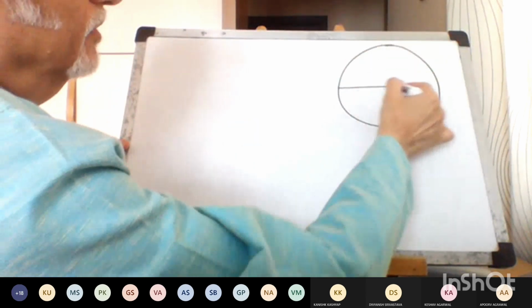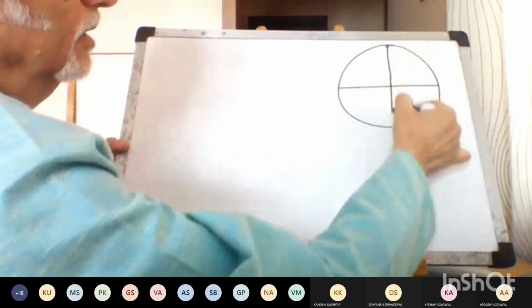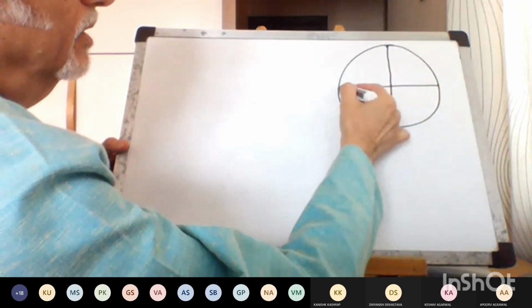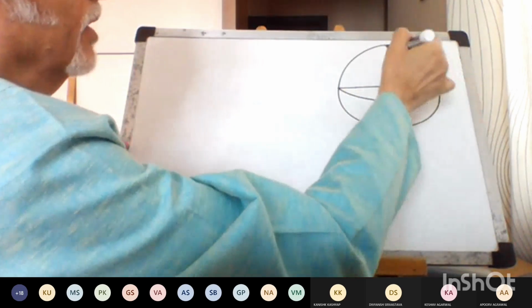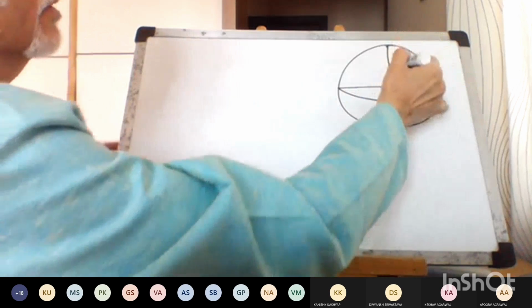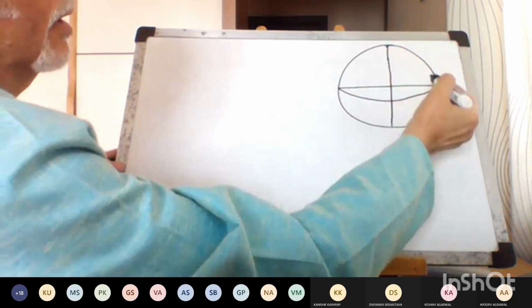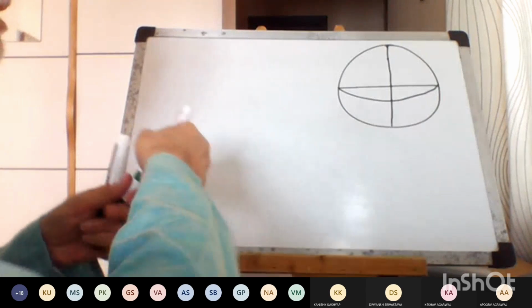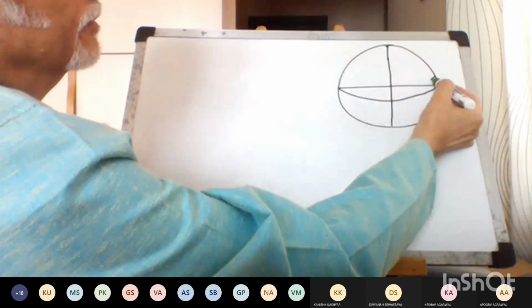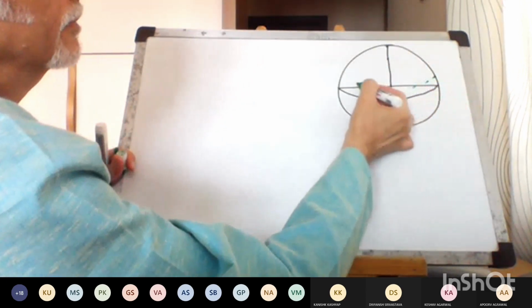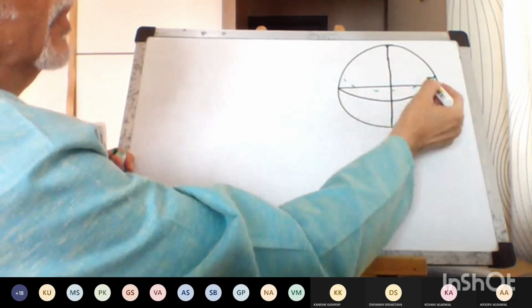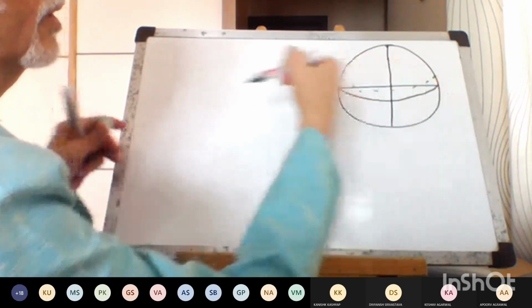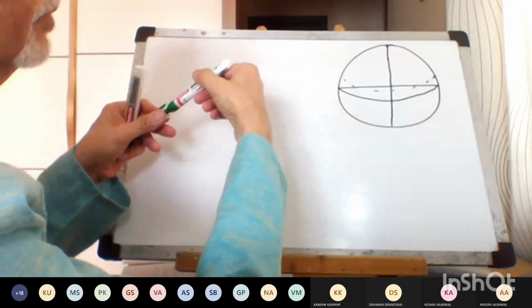So this was what I had drawn yesterday. I hope the diagram is big enough for you to see. I will just quickly draw it. So we have two options here.